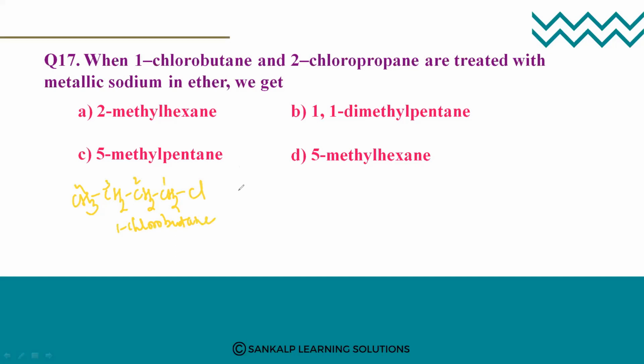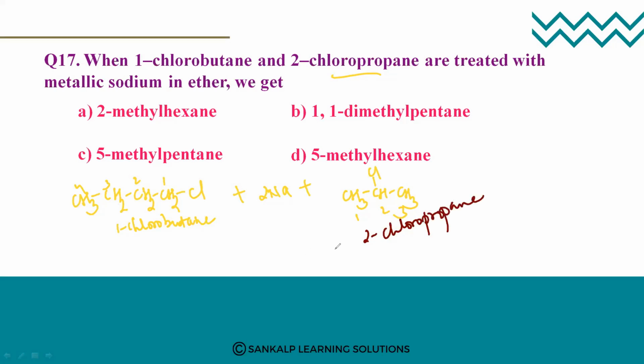This will be treated with 2Na and 2-chloropropane. The structure of 2-chloropropane: propane is CH3, CH and CH3, numbered 1, 2, 3.